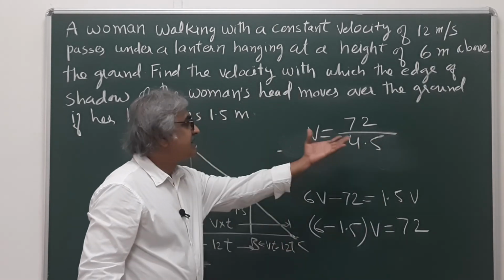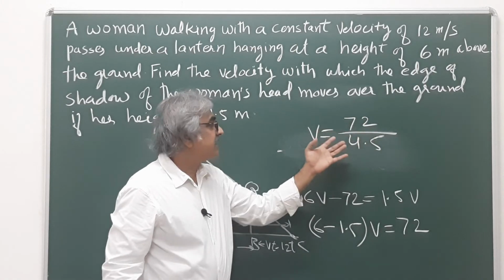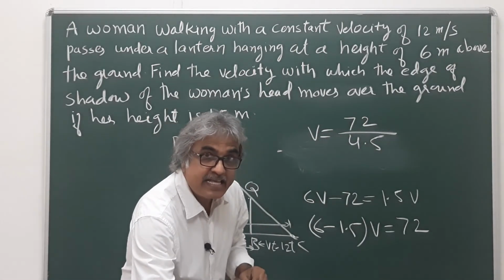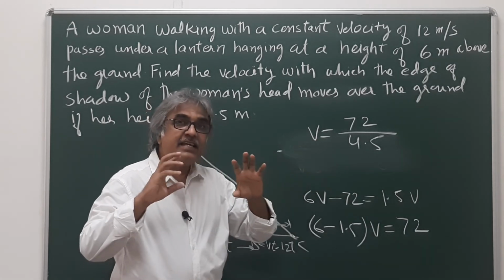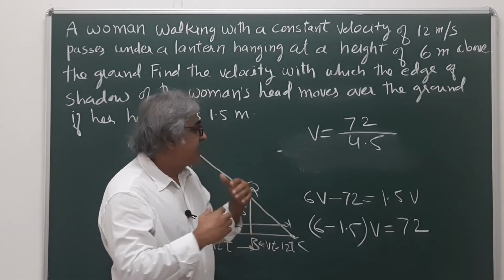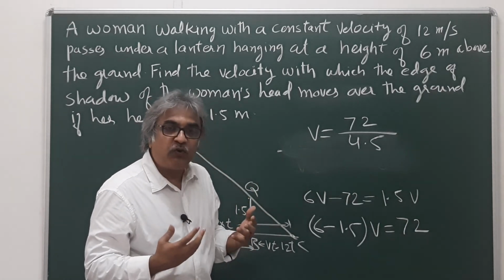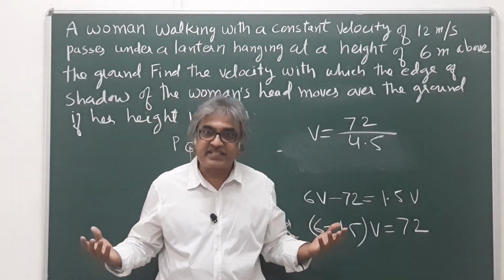This is your answer. So what you can see is v is constant. That means the velocity of the shadow is also constant. Thank you.